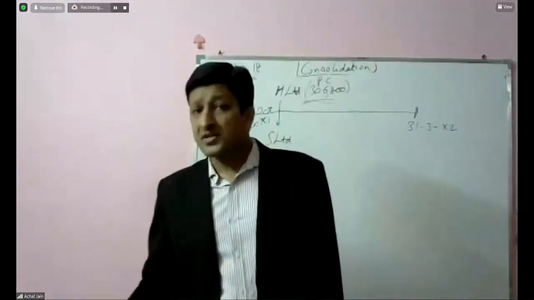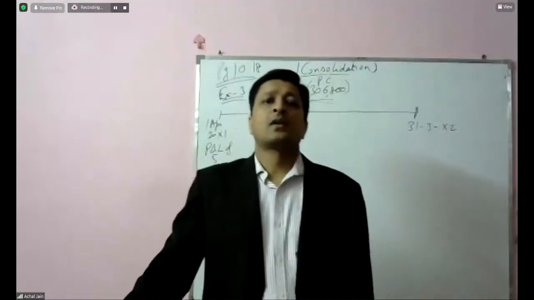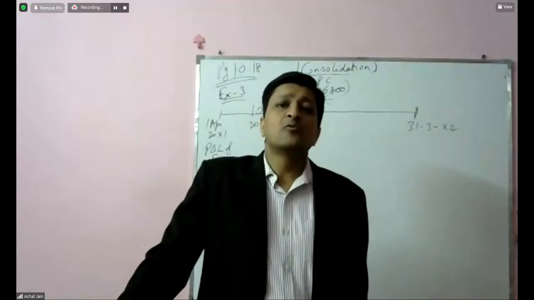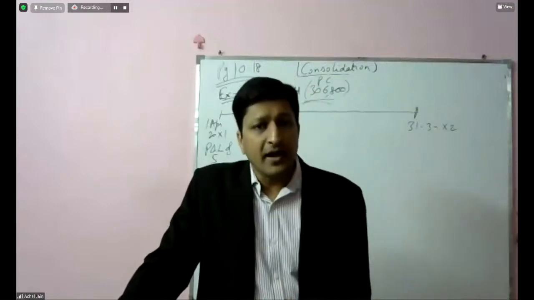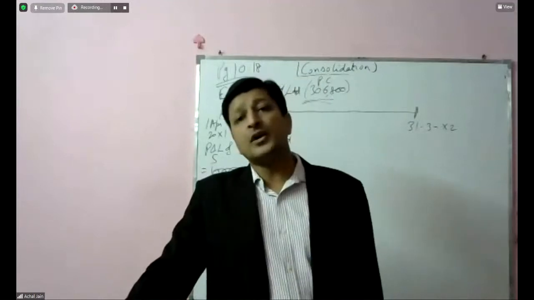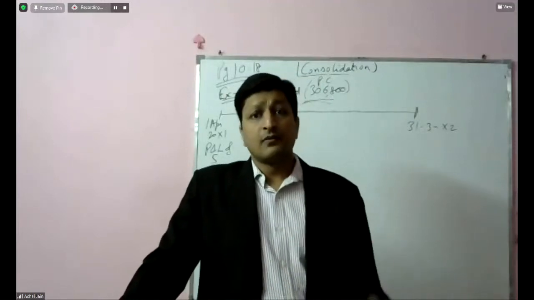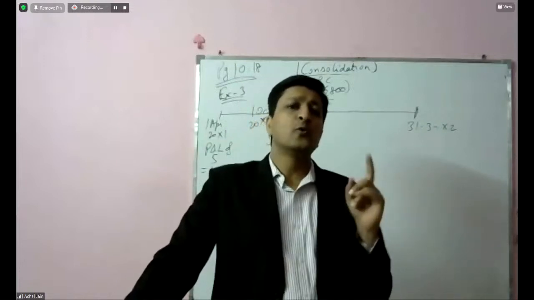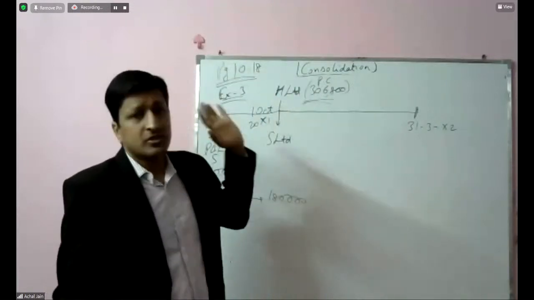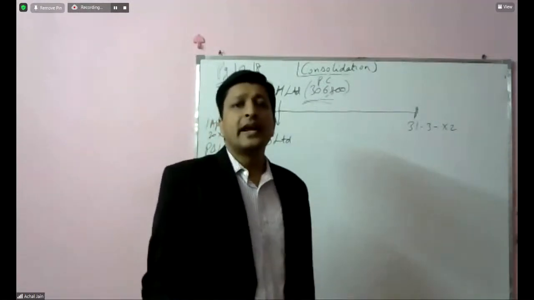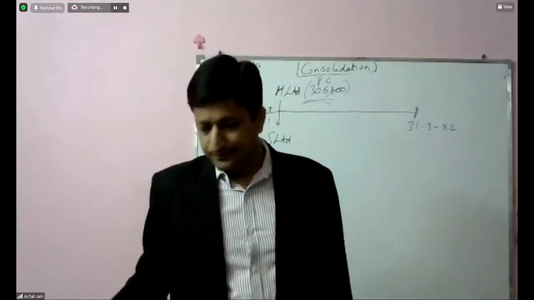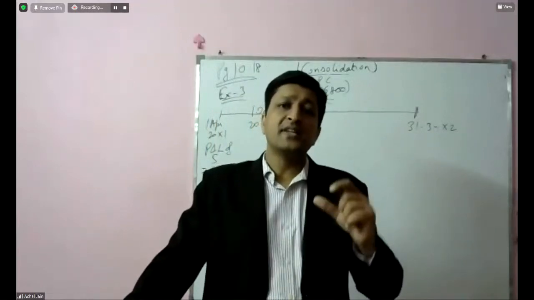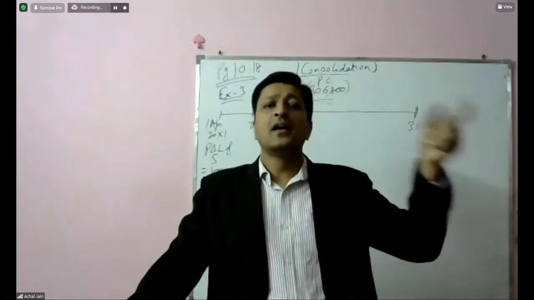Now, if you look at the percentage of holding, 16,000 shares are held by the holding company out of 20,000 shares, which means 80% shares are held by the holding. Who is the holding? H. So H holds 80% shares. So it's a case of a partly owned subsidiary. That means 20% shares are held by minority interest.